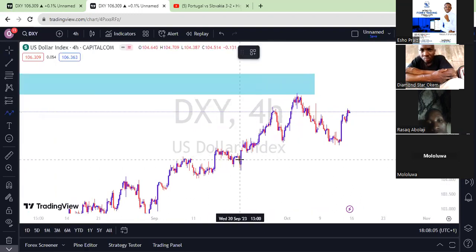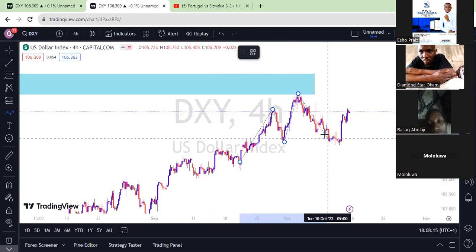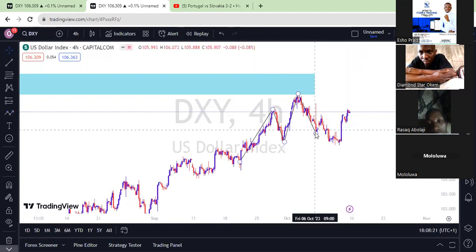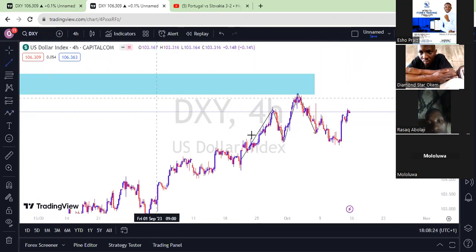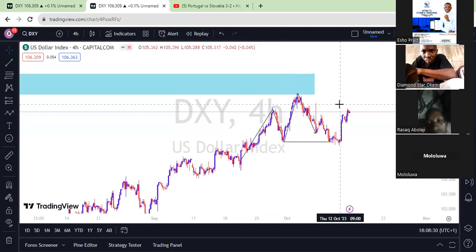The market pushed up, creating series of higher high, higher low, higher high. Then as the market mitigates this order block here, the market now dropped to the downside. Normally, if the market wants to continue pushing up, the market will not take out this low here. Are you following me?